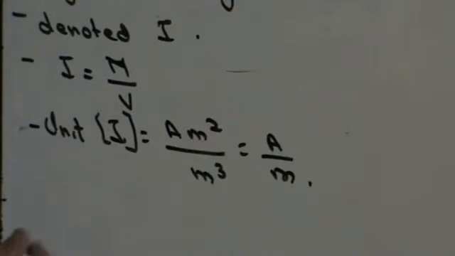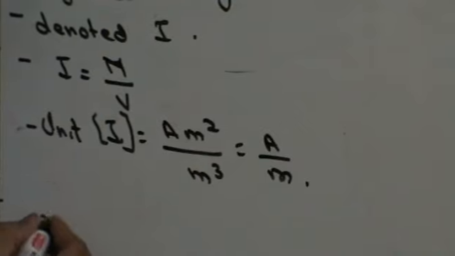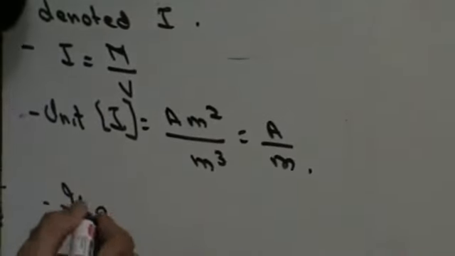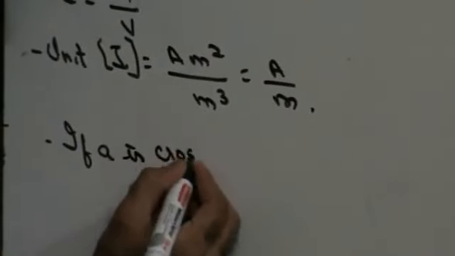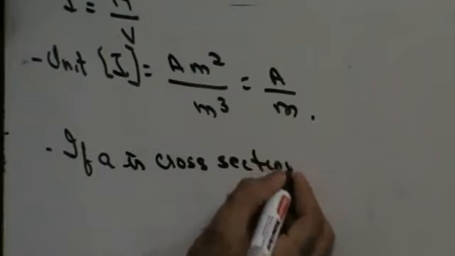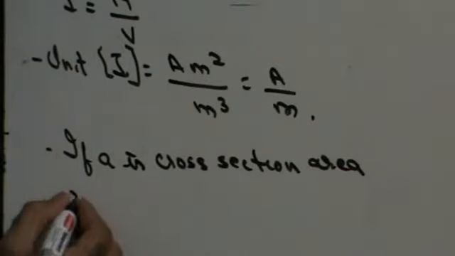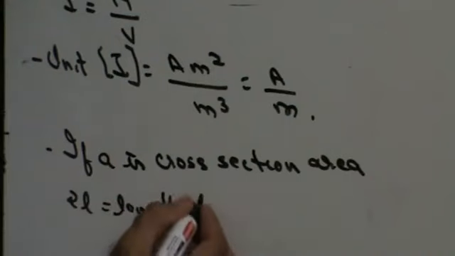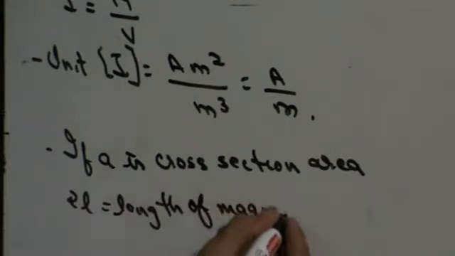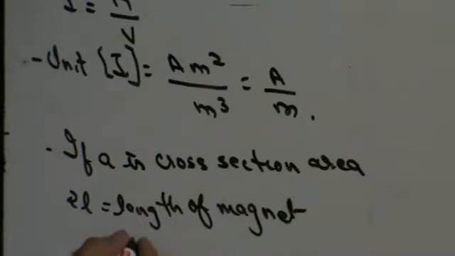Fine. Now let's consider that if small a is the cross section area and 2L is the length of the magnet, then we know that volume is area into height, so a into 2L.